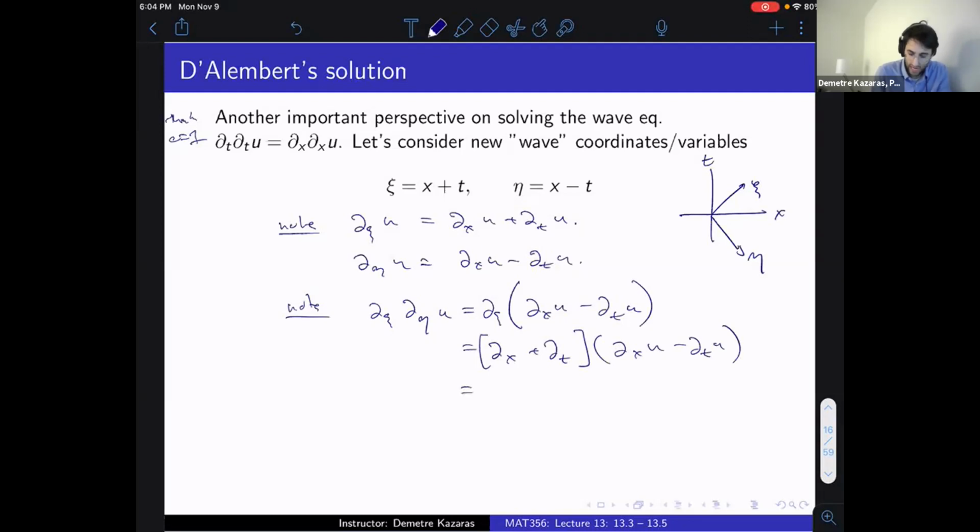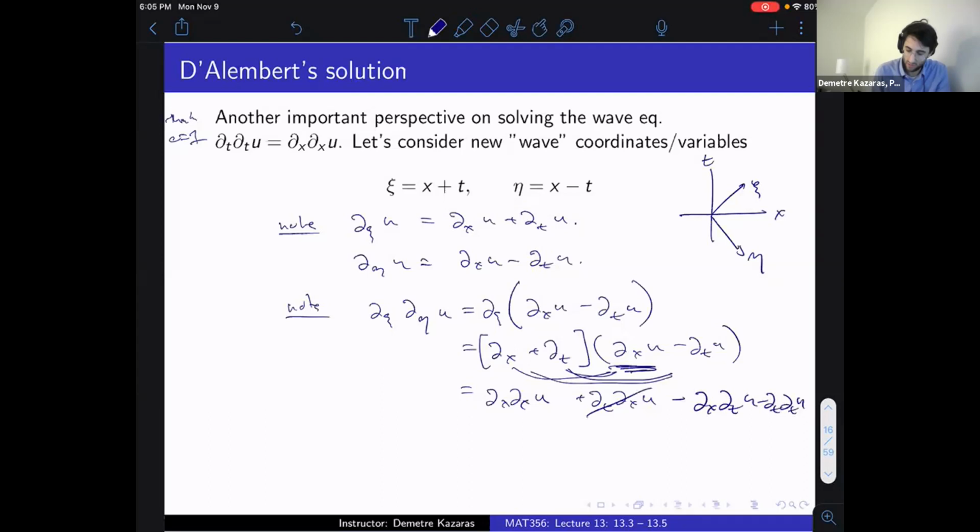We get partial x partial x u, and then a partial t partial x u. I've just applied those derivatives to the partial x u. Now I'll apply them to the partial t u, so I get a minus partial x partial t u, and then a minus partial t partial t u.